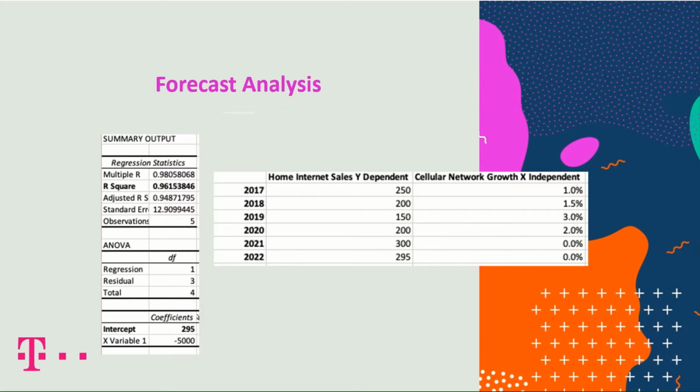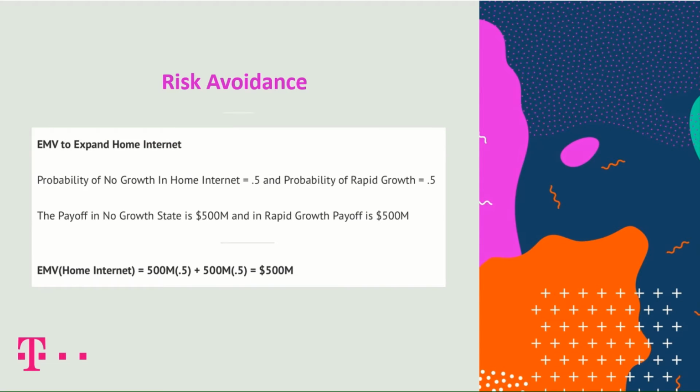The second tech article focuses on risk avoidance. Here we have an EMV calculation to summarize the potential for the home internet product from T-Mobile using an expected monetary value.